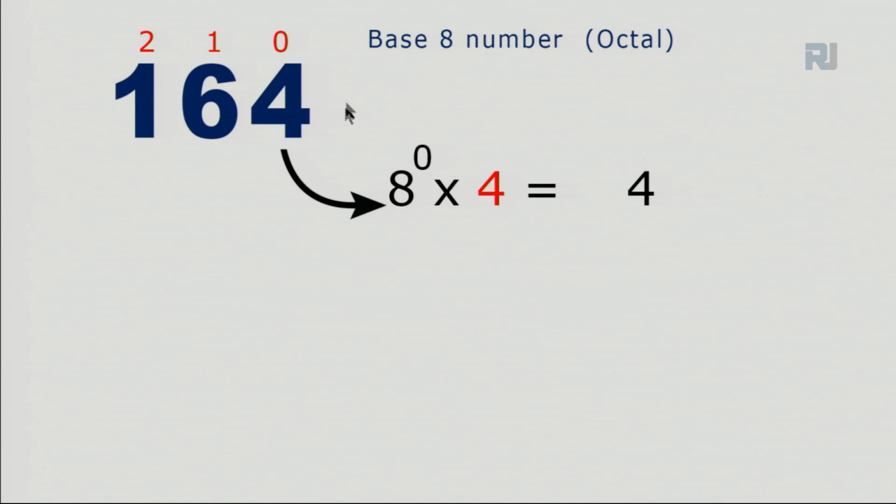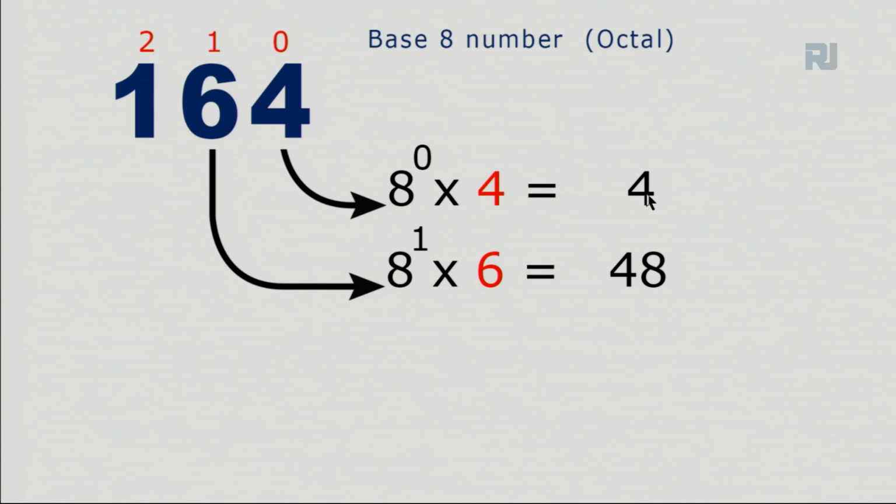Now this is base 8, we put 8 to the power 0, anything to the power 0 is 1, multiplied by 4, the position is 0, so the value is 4. And here 8 to the power 1 times 6, this 1 is the position. Pay attention, 8 to the power 0, 1, and then the next one will be 2, and if we have more, we will continue.